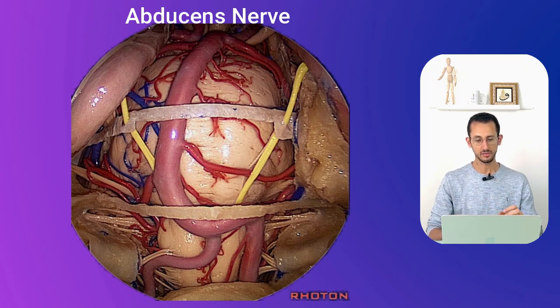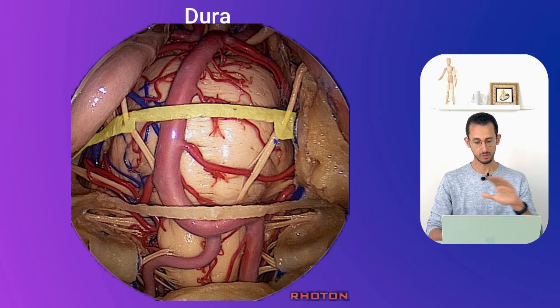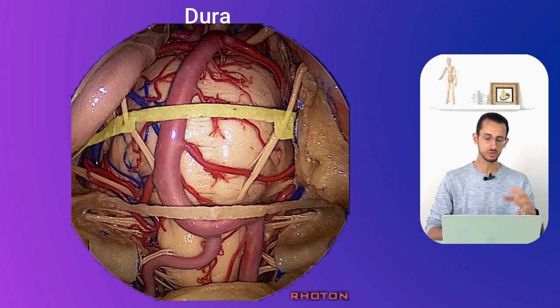So as you can see here, it travels vertically in that subarachnoid space, and then it pierces the dura. So the dura is kind of taken out here, and then it pierces the dura. So it transitions into an extradural segment.